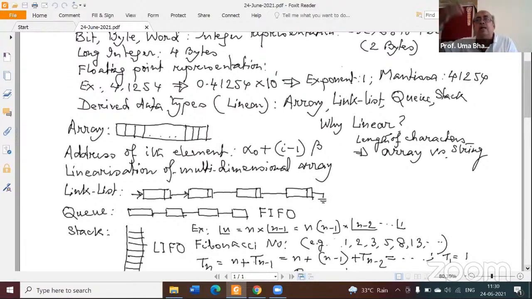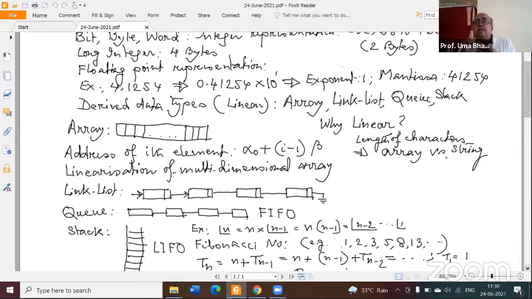One after another. First one comes first, then second, then third, then fourth. And while taking out, which one do we take first? The fourth one, the one which was introduced later. So this is a stack. The data is organized in such a way that the latest data is retrieved first. That is last in, first out.